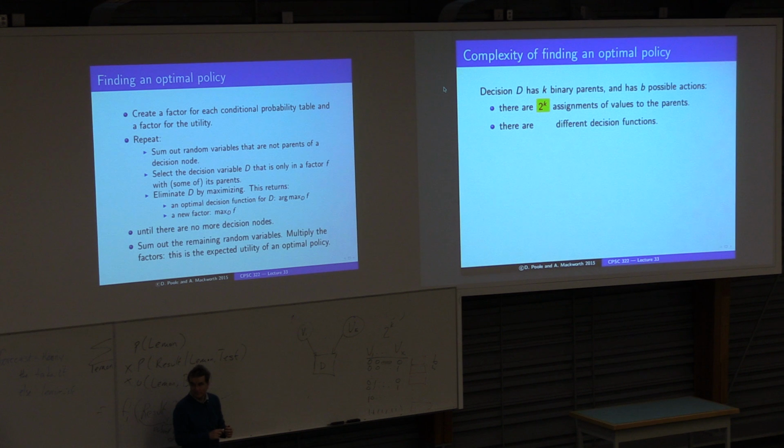Someone says b to the k. How many parents are there? For each assignment of the parents, you've got to do this. How many assignments of the values to the parents are there? Right, b to the 2 to the k.